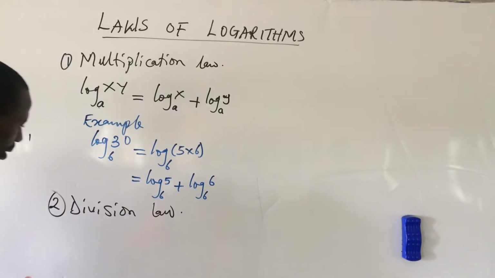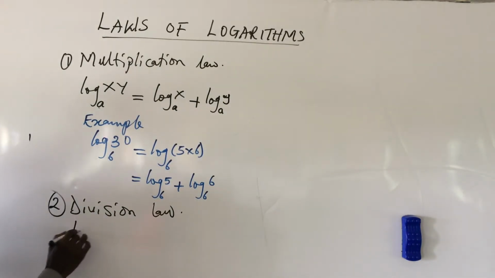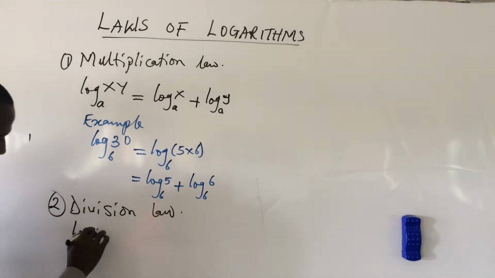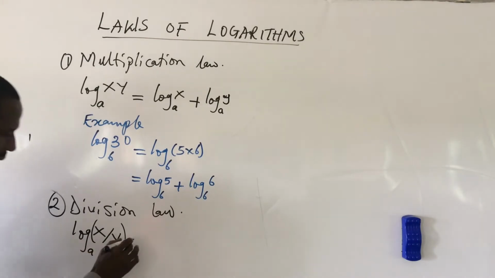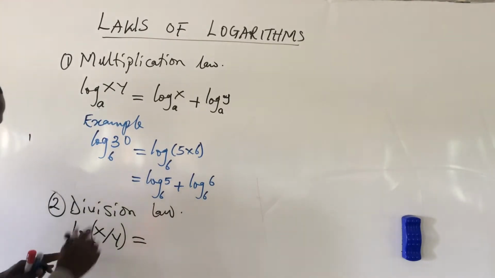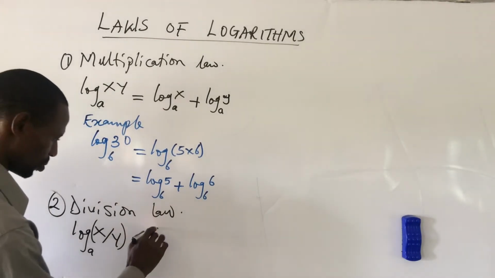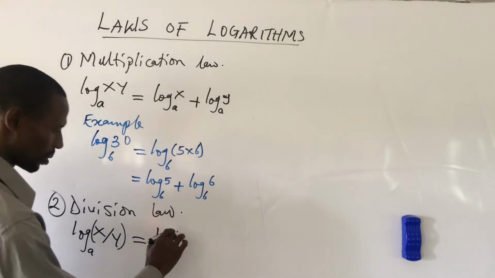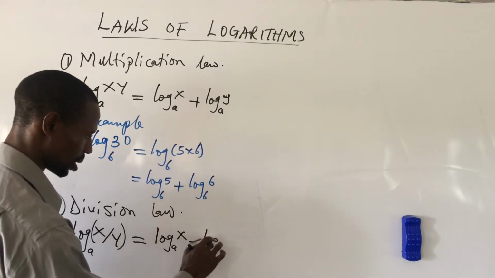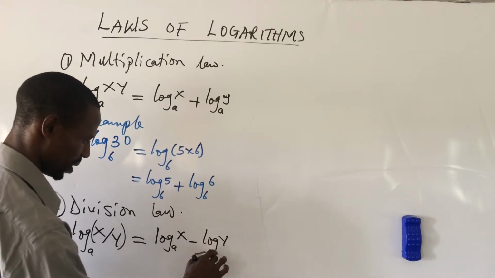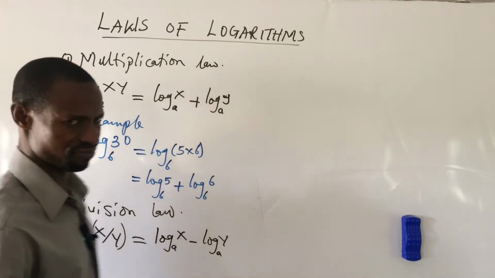In other words, if you have log of x over y, close bracket, base a, the law is telling us that you split this. So we are going to have log x base a minus log y base a.